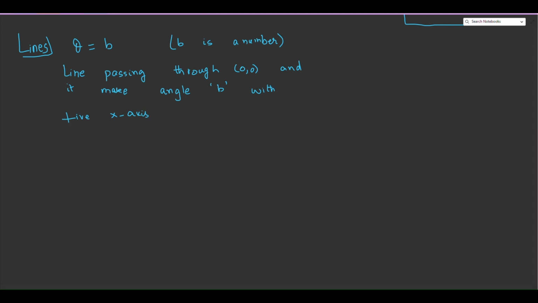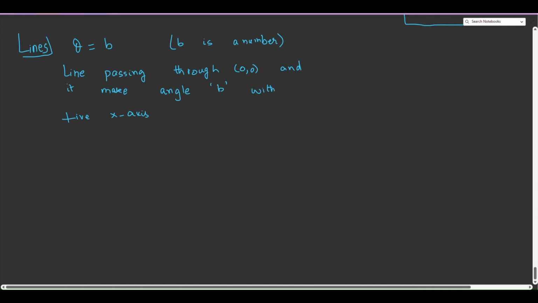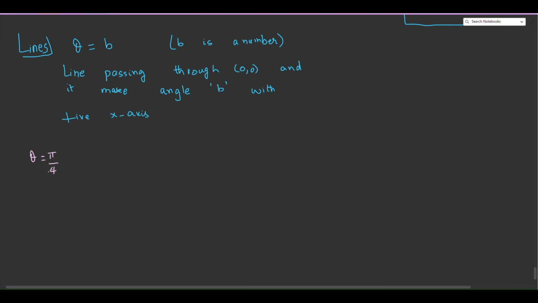So think about this, for example, theta equals pi by 4. This is an example. This is a line which makes an angle of 45 degrees with the positive x-axis.